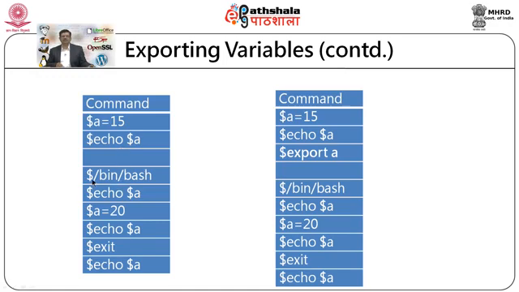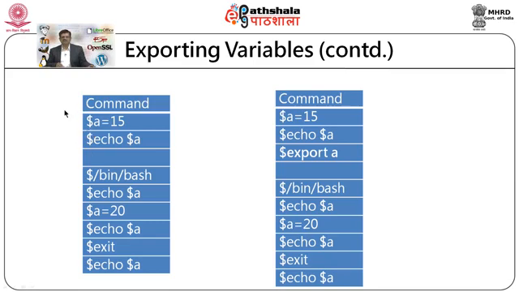Subsequently, we are invoking another shell script. So, our shell program, the default shell, will create another child process. Now, when we say echo $a, it is not going to display any output. Again we are assigning 20 to the value a. You can see the variable names are same, but the shells are different.